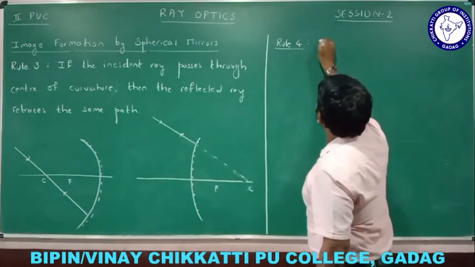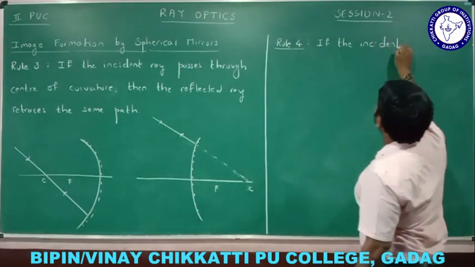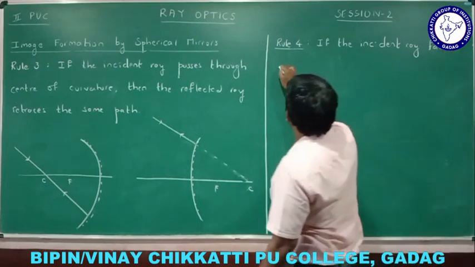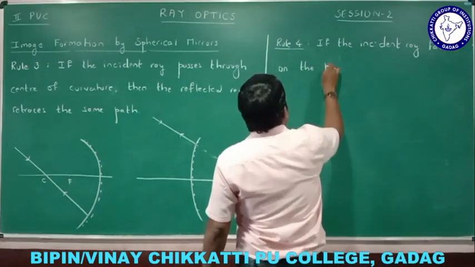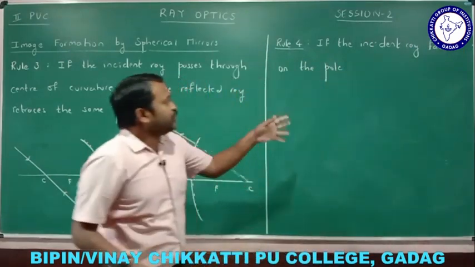If the incident ray falls on the pole of the mirror, I am speaking about the mirror itself, then the reflected ray obeys the law of reflection.